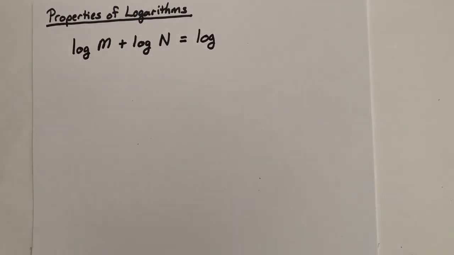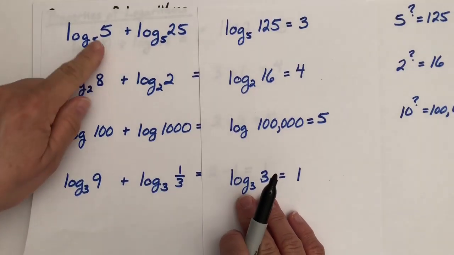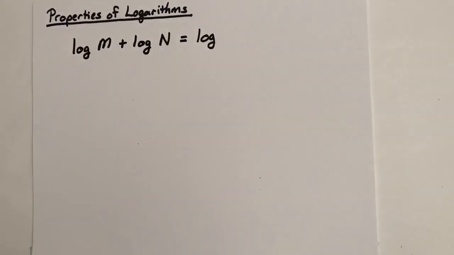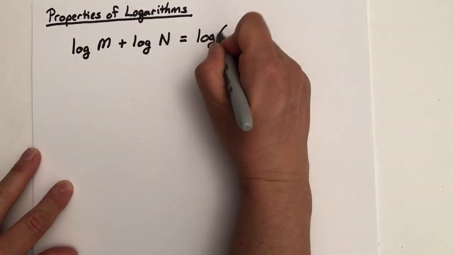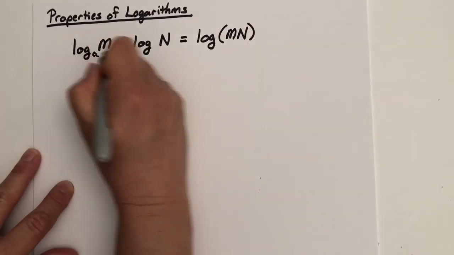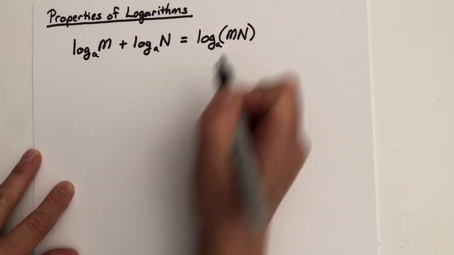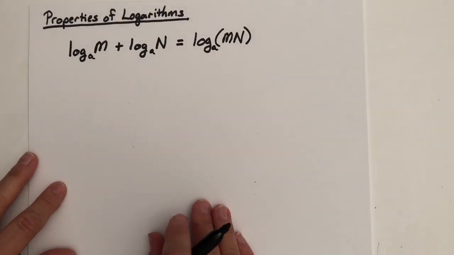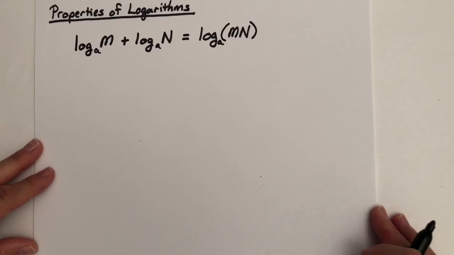Remember, it was not the sum. This is the part that sometimes people find surprising. We take their product. 8 times 2 is 16. So it's the log of m times n, keeping the base the same, whatever that base might be. That's our big first property of logarithms that I wanted to mention.